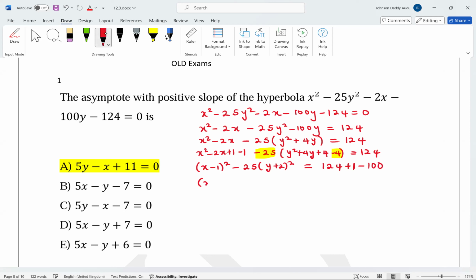So this is just x minus 1 squared minus 25 times y plus 2 squared. It's equal to 125 minus 100, so this is just 25. So if you divide both sides by 25, now we will have this over 25 minus this over just 1, and then this is equal to 1.